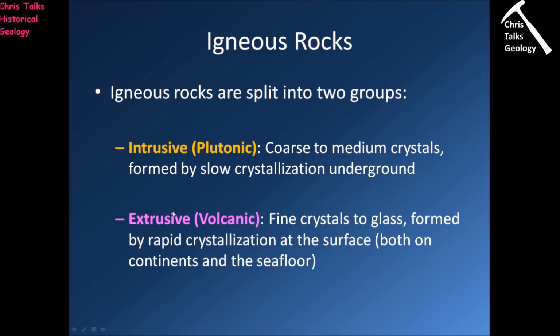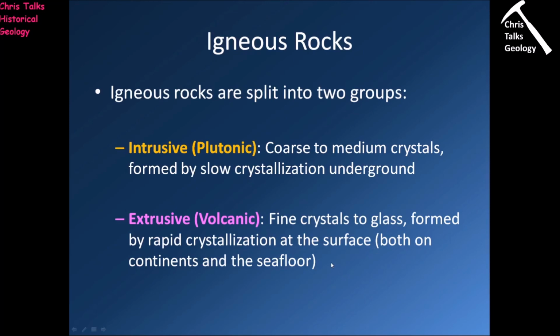At the other end of the scale, we have the extrusive or volcanic igneous rocks. Now they have fine crystals, or they're actually a glass. They have no crystals at all, and they're formed by very rapid crystallization at the surface of the Earth. Now the surface of the Earth means both the continent and the seafloor. Obviously, because this lava is cooling so fast, it doesn't give crystals time to form, in which case you would have a glass.